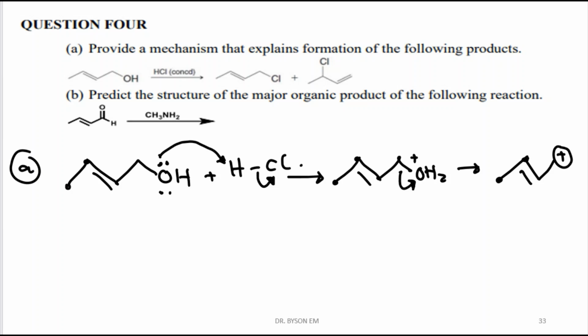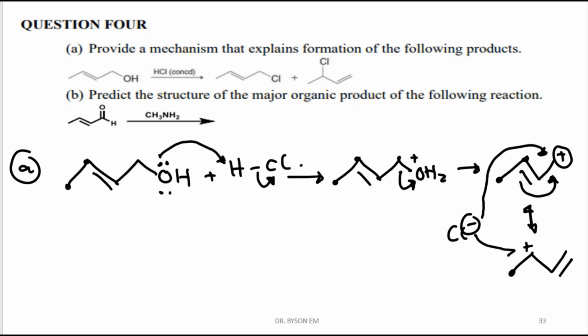So now this can form resonance structures. The double bond can follow the positive charge, so it can also be like this, with the positive charge here. So now the chloride in solution that left can either react here, or it can react here.